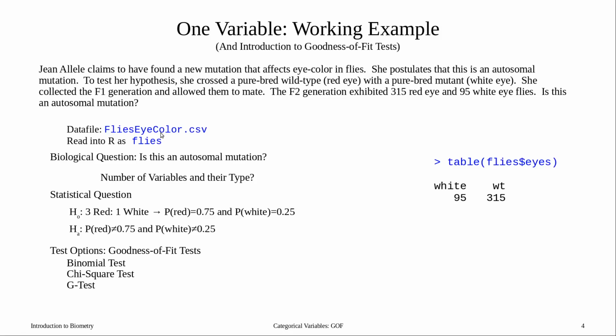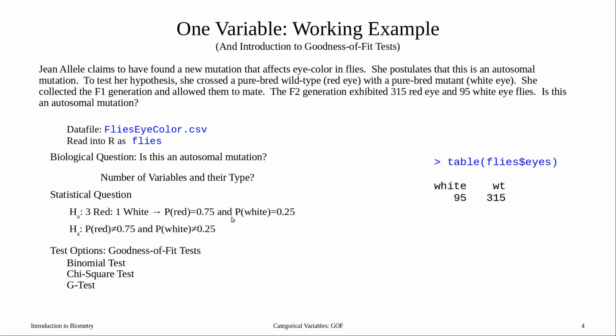So what we can do is compare the ratio. Did we get, and say our null hypothesis is 3 red to 1 white. Alternatively, we can convert this to a percentage to say, is the probability of being red equal to 0.75, or is the probability of being white equal to 0.25? So in both cases, they mean the same thing.